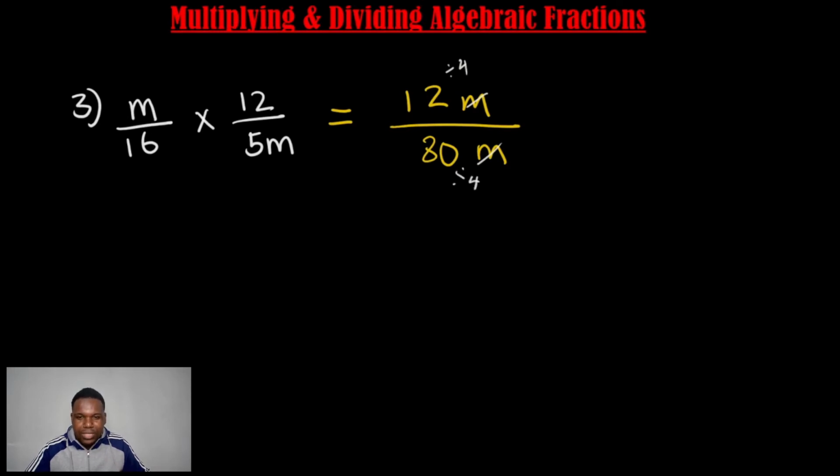And we are going to see if there's any number that can go into both 12 and 80 without leaving a remainder. If we divide both 12 and 80 by 4, we'll get 3 over 20. Therefore, our final answer is 3 over 20.